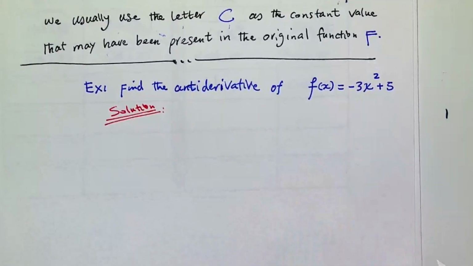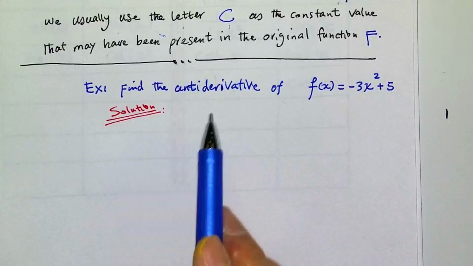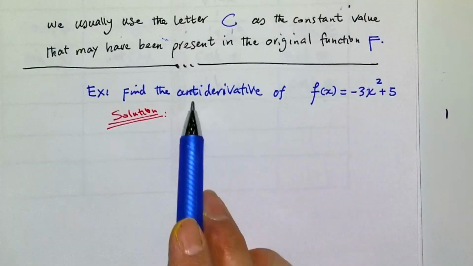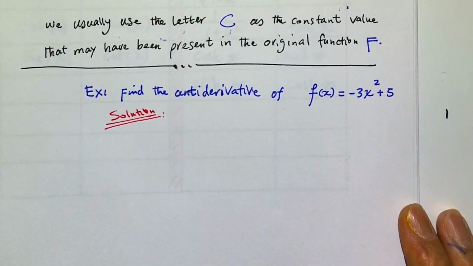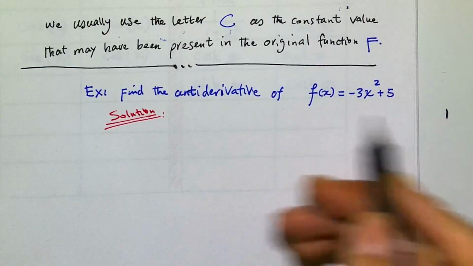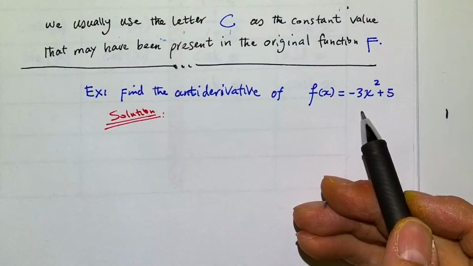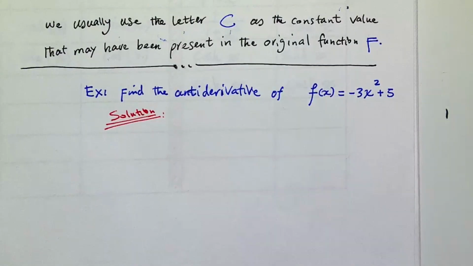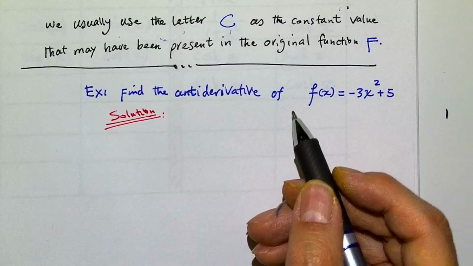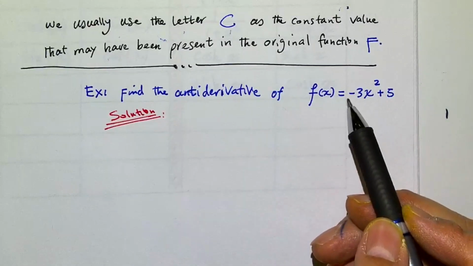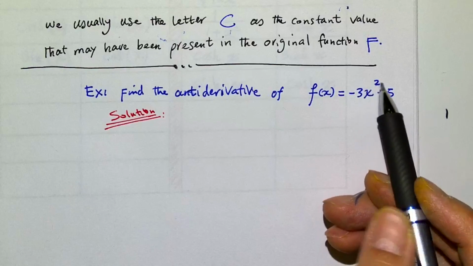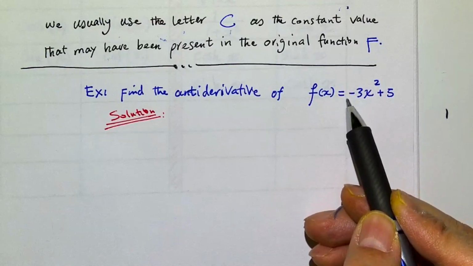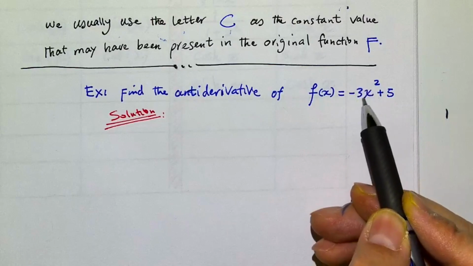So for example, if we want to find the antiderivative of this, that means we want to find the original function for this function, which is presumably the derivative of some original function. You remember that when we take the derivative, we subtract 1 from the power, and then multiply by the power.